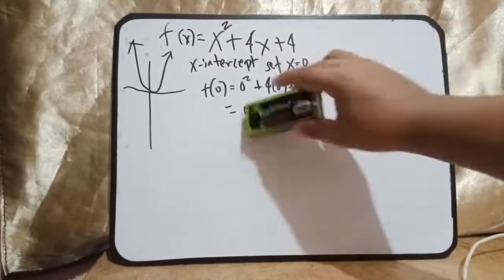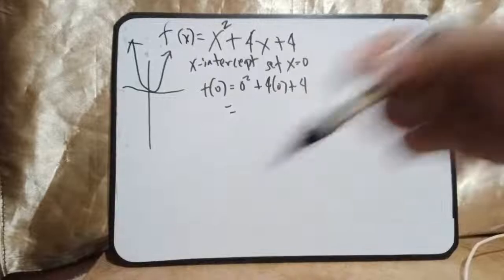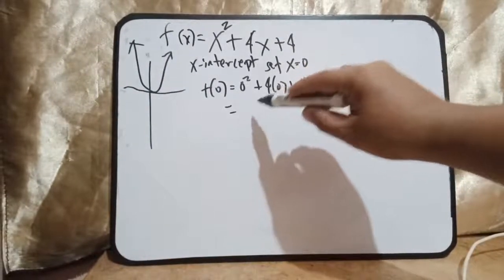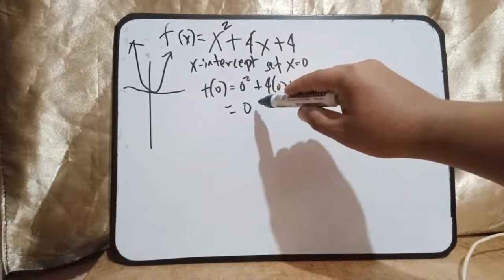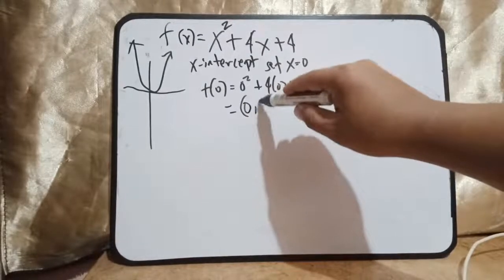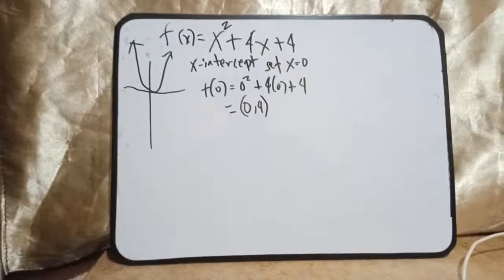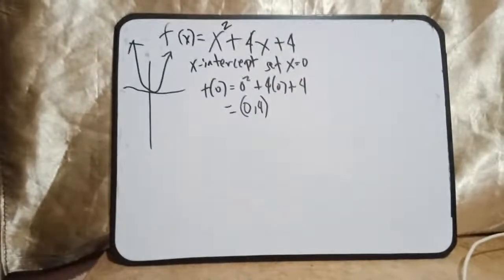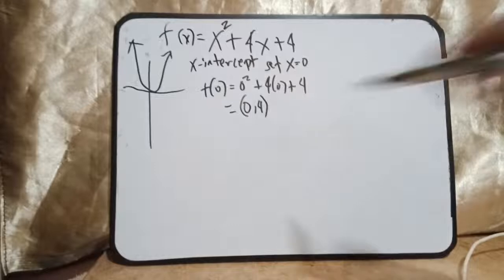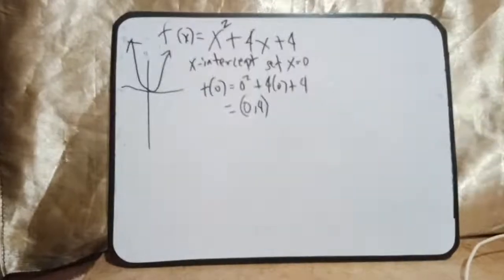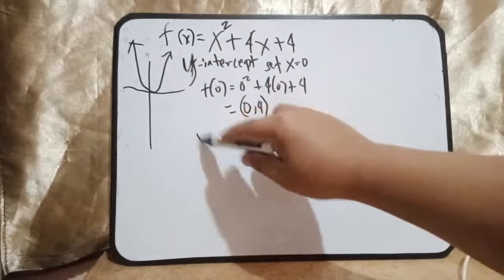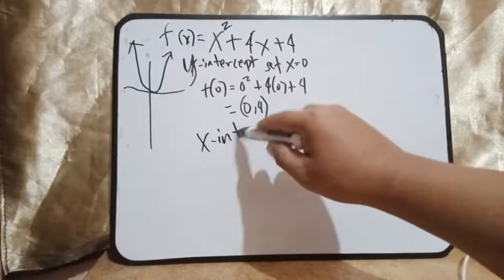For our y, we have 0 and then 4. So, yun yung nasa y natin. So, y-intercept must be like this.